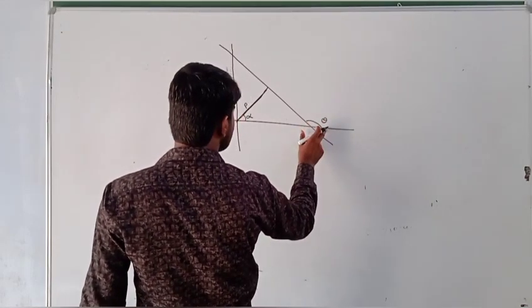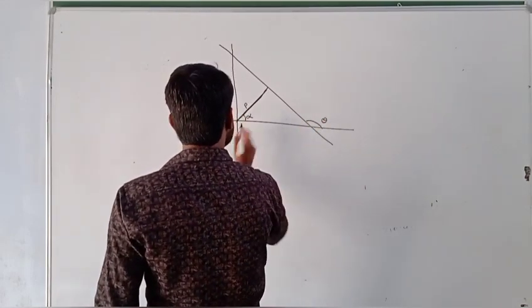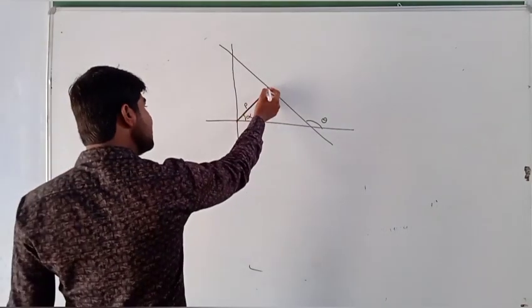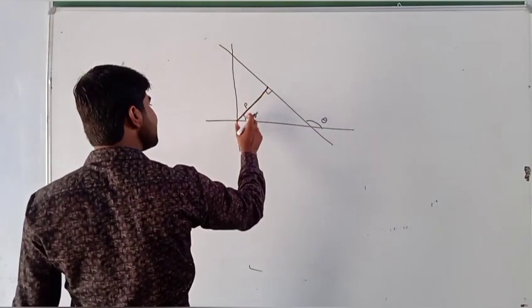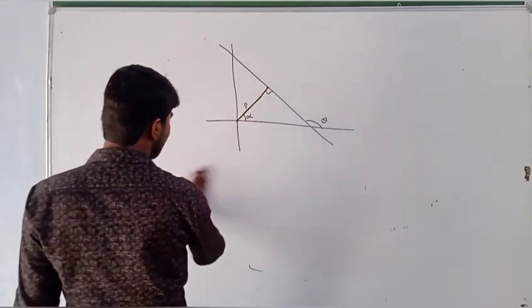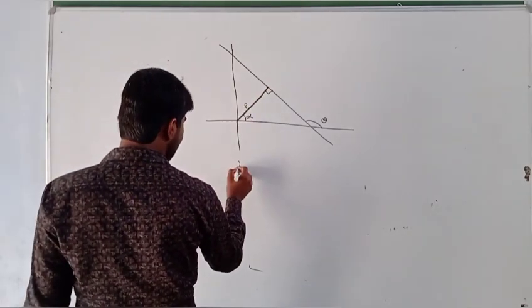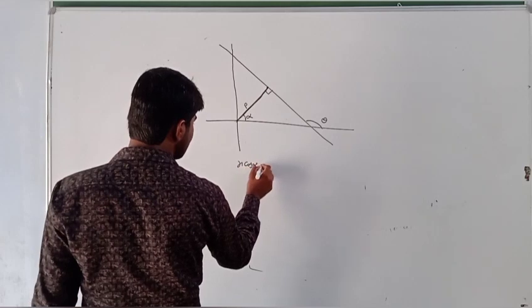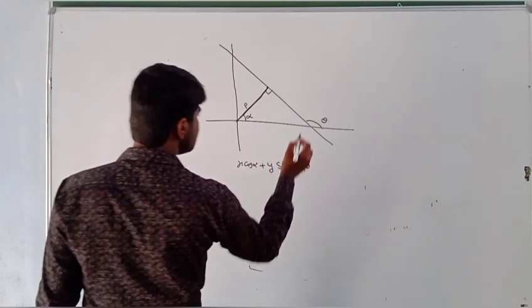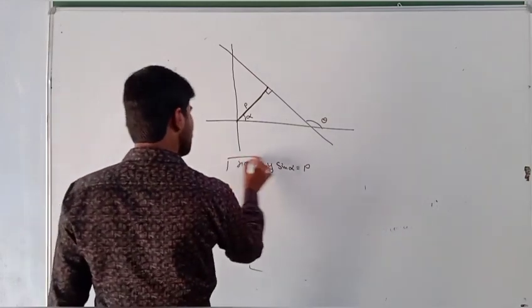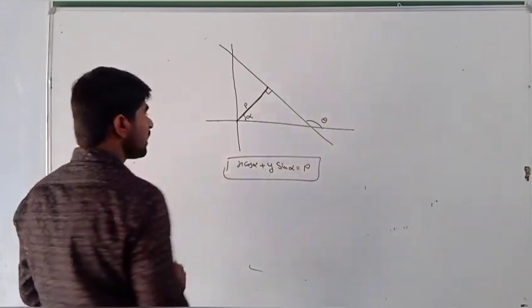But what we want to say is that alpha is the angle this perpendicular makes with the x-axis. So the form of the line will be x cos alpha plus y sin alpha is equal to p. So note all the forms of the line.